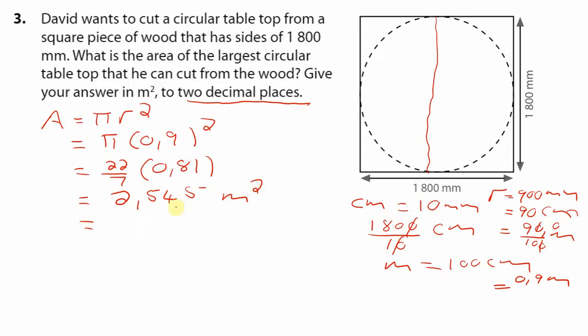We want 2 decimals. Here's 2 decimals. Look at the neighbor at the right. It's 5 or bigger, meaning the one we are interested in needs to increase by 1. So it's 2,55 meters squared.